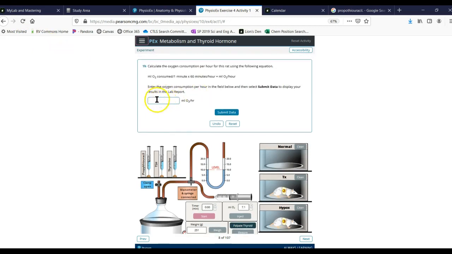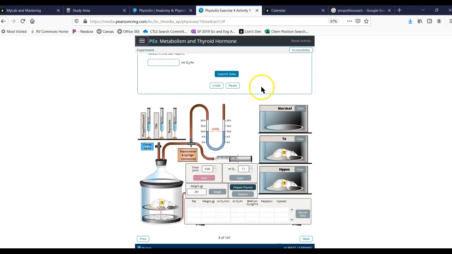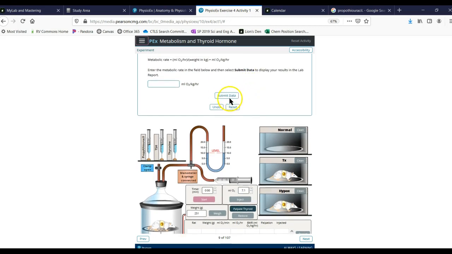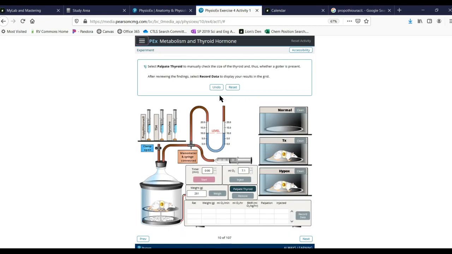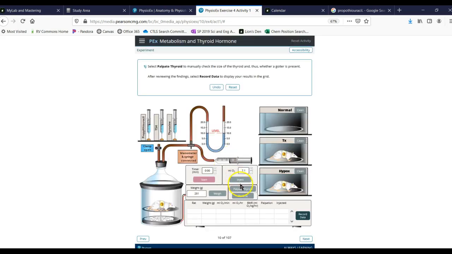Here it asks you to compute stuff and put that in here. You don't have to do it. It'll do it for you. There's a little cheat, so you can just hit submit data. And I think you have to hit submit data again. So hit submit data twice. Then it tells you to palpate the thyroid, hit submit. Then you do need to make sure you hit record data. This is important. That's your number right there.